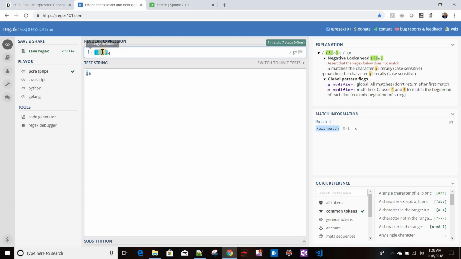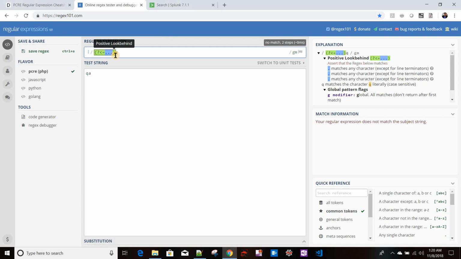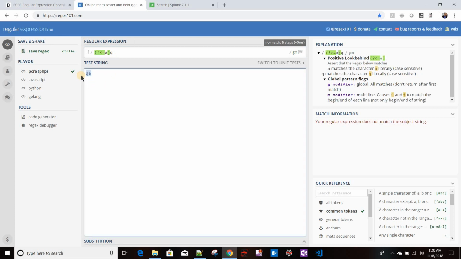Let's copy that, and let's say A here. If I say AQ, now if you see, it is matching, right? Because A is present before Q, and when it matches, it will not give the lookbehind expression, it will not give that matching character. It will only give the other character for which you are matching.